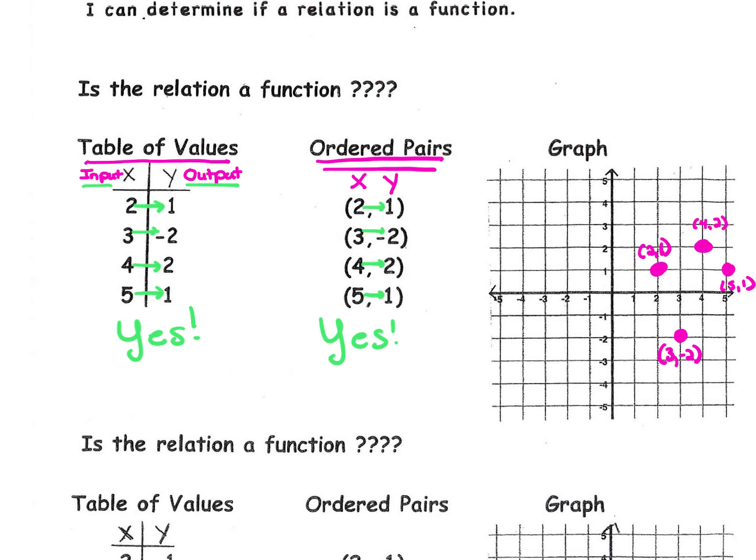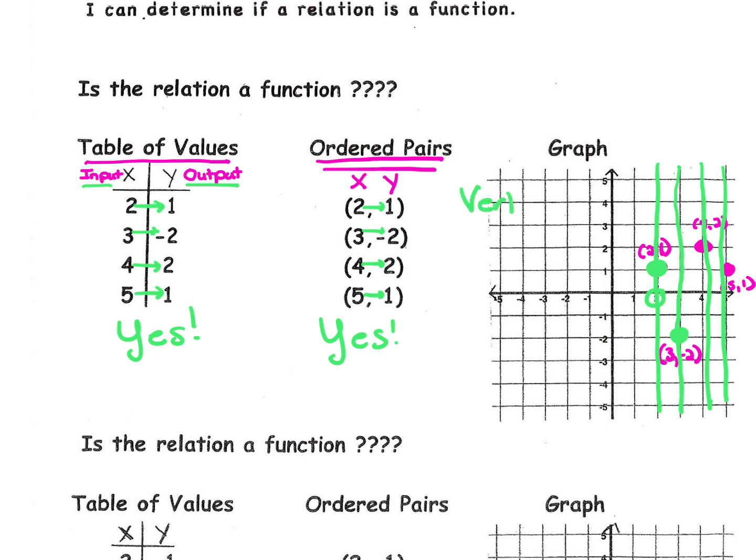There is a test we can run known as the vertical line test that will prove that each X only has one unique Y. If you take and drop a vertical line through an X of 2, you can see we only have one output for that input value. If you drop a vertical line at 3, again, you can see that there's only one output value for that particular input value. And you can run the vertical line test all the way down the graph.